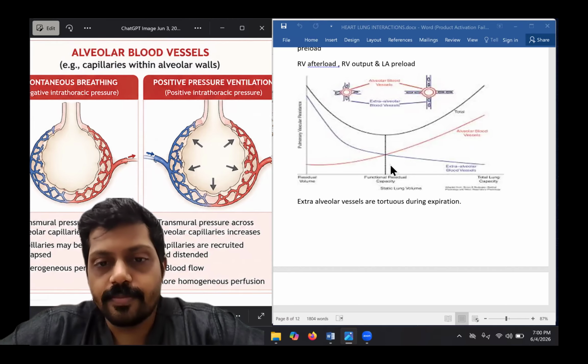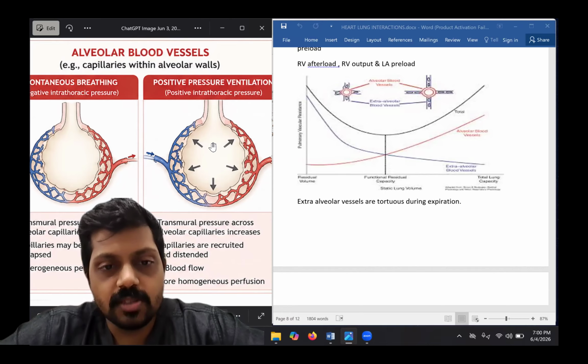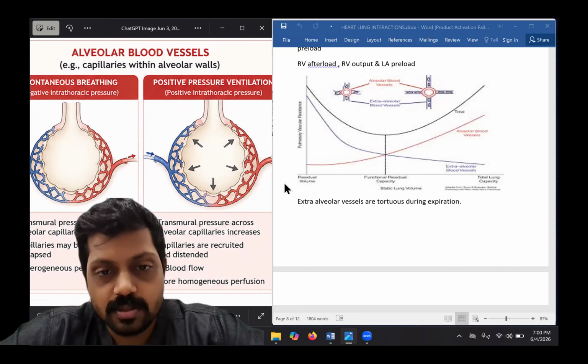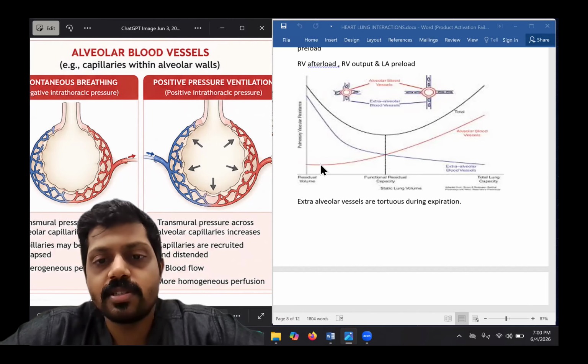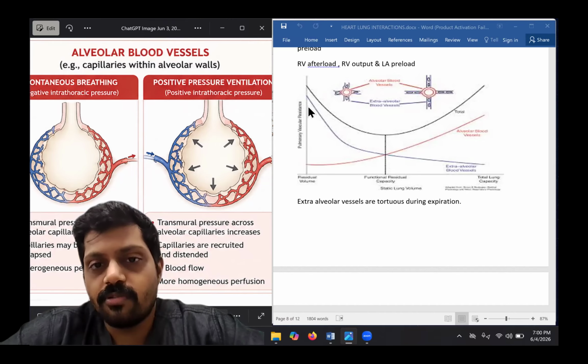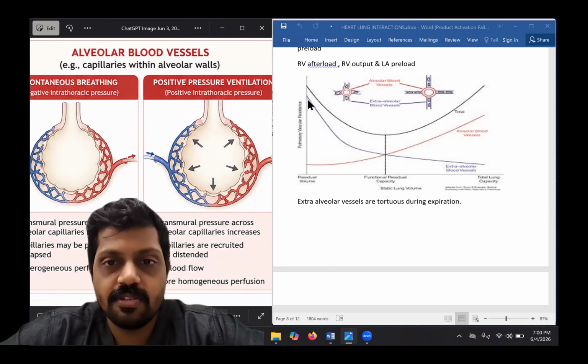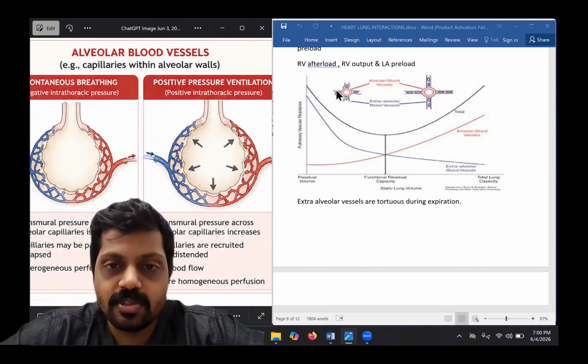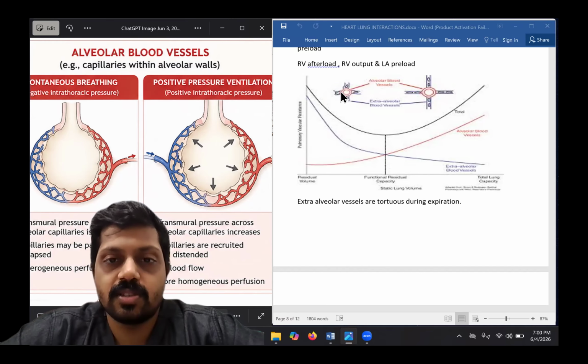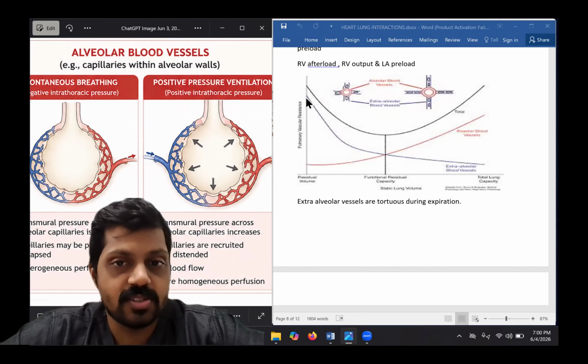If the alveoli are not expanding, if fully collapsed, the lung volume is closer to the residual volume. Look where the pulmonary vascular resistance is. The extra-alveolar vessels, when the alveoli are collapsed, are tortuous and experience resistance, so high pulmonary vascular resistance.